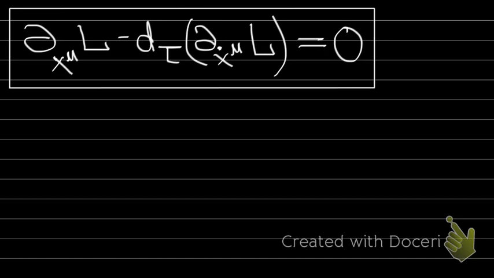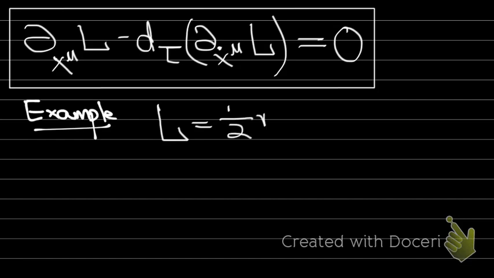Let me write down that example over here. Let's consider the kinetic term of a force-free Lagrangian. That means simply that there is no interaction term. So consider that the Lagrangian is equal to 1/2 m eta mu times eta mu, that is the contraction.